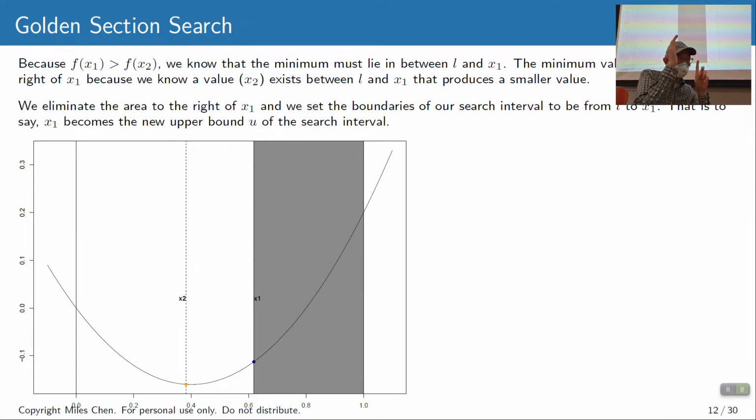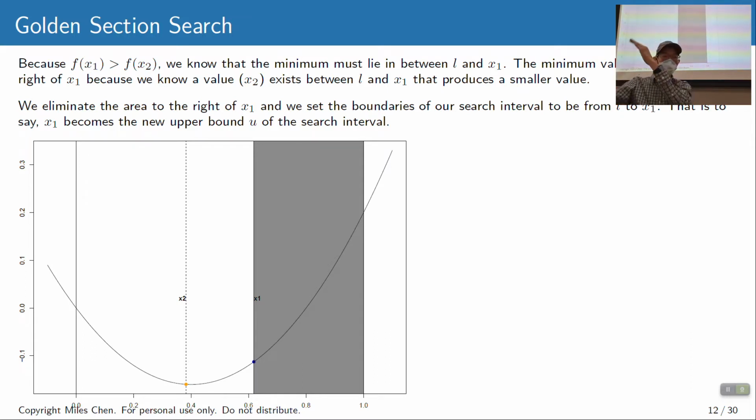So if we compare x1 and x2, and x2 is lower than x1, we can say the lower point has to be somewhere between the lower bound and x1. It's not going to be to the right of x1, because we know that there already is a point to the left of x1 that's less than x1, so we're not going to bother searching to the right of x1.